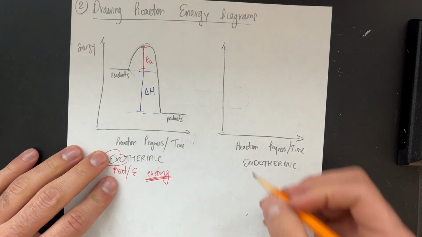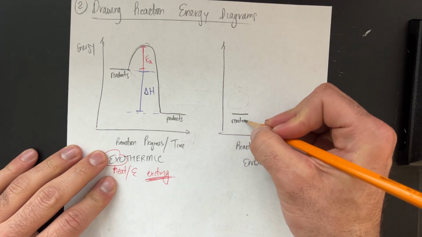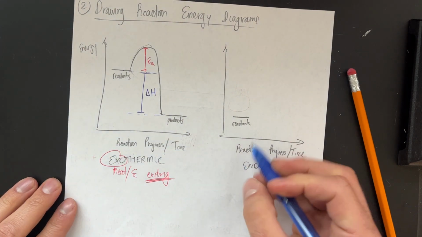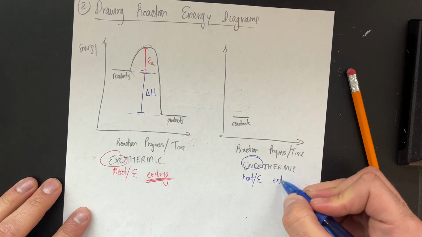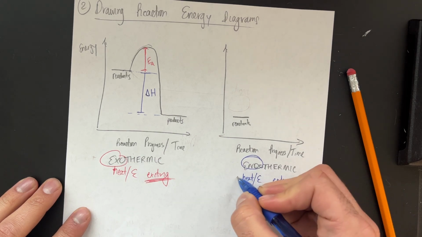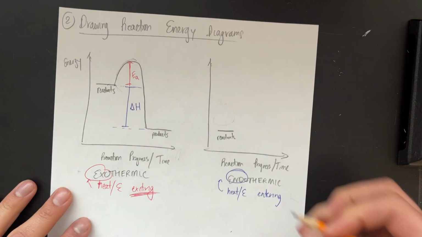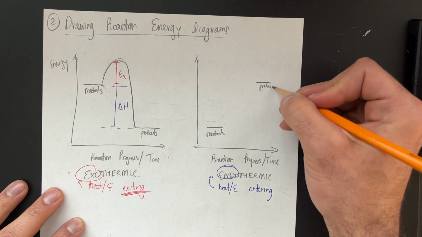For an endothermic reaction, it's the opposite. We start off at lower energy for the reactants, and then remember, heat energy is entering here. So we're going to have a higher energy at the end.